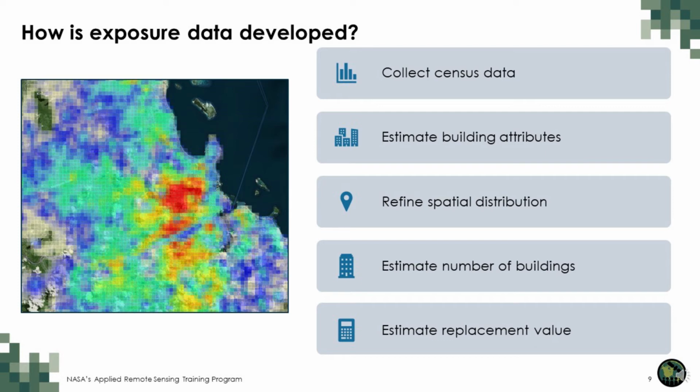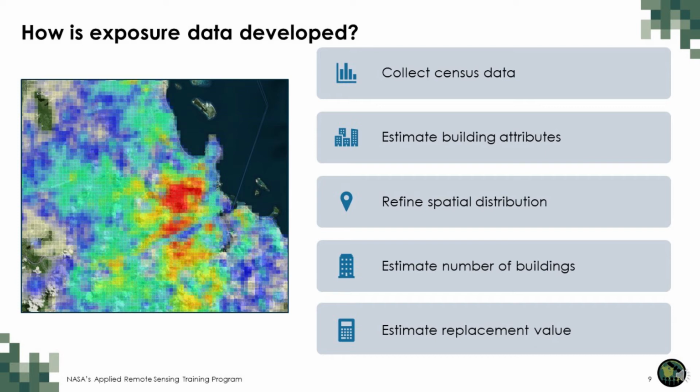And then last is to estimate the replacement value, which can be quite difficult given development practices in various countries and even what's meant by replacement value. Essentially, the damage functions themselves, or vulnerability functions, will give you an estimate of the percent damage typically, and you multiply that by the replacement value.